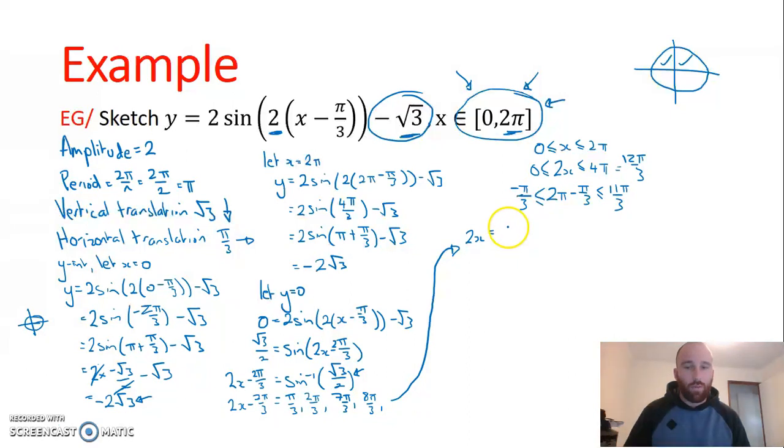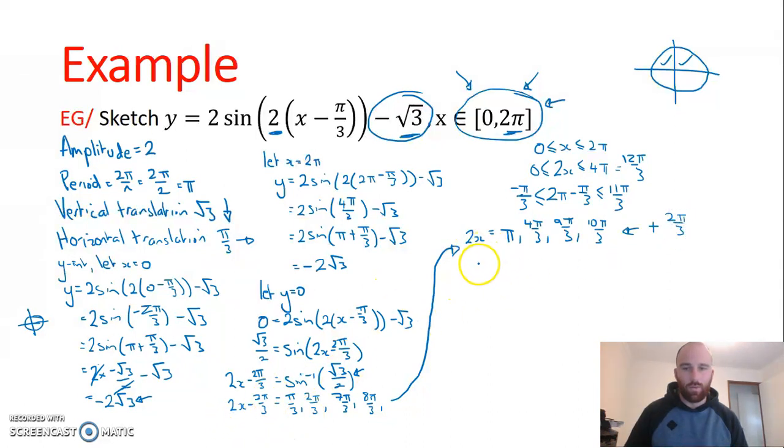So pi on 3 plus 2 pi on 3 is 3 pi on 3, or pi. 2 pi on 3 plus 2 pi on 3 is 4 pi over 3. Then we've got 7 plus 2, which is 9 pi on 3. And I have 10 pi on 3. So with this step, I've constantly added 2 pi on 3.